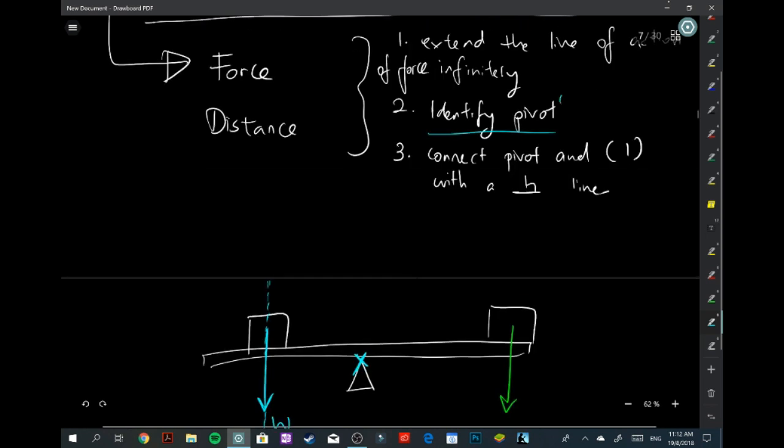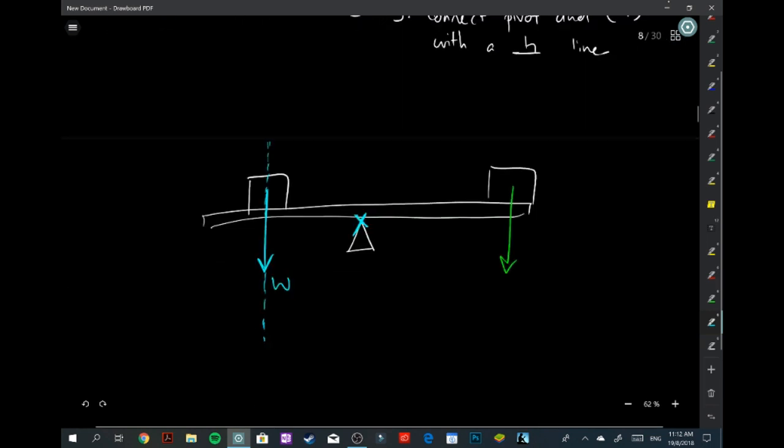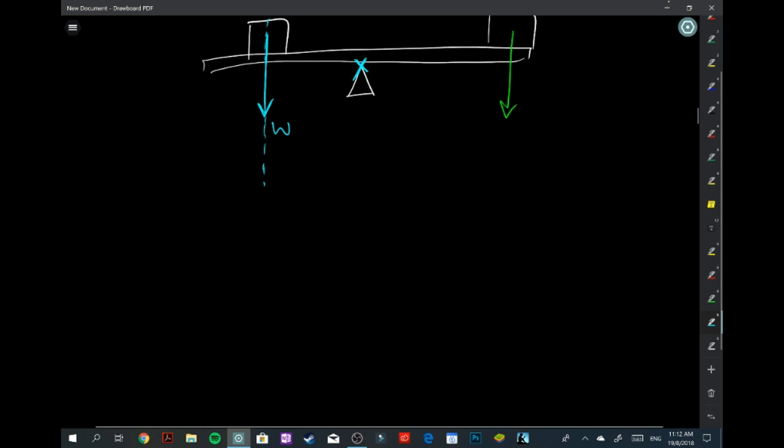Then third, connect the pivot and the line that you drew in number one with a perpendicular line. This is the issue most people have. Let me ask you, if I have a point like this and a line, the perpendicular line is given by this.